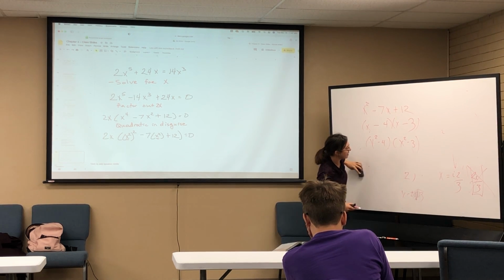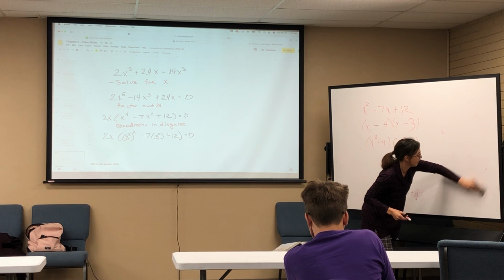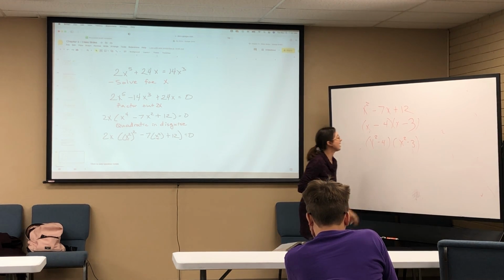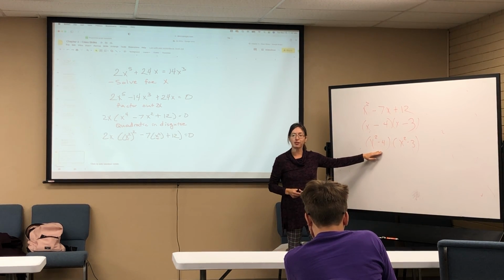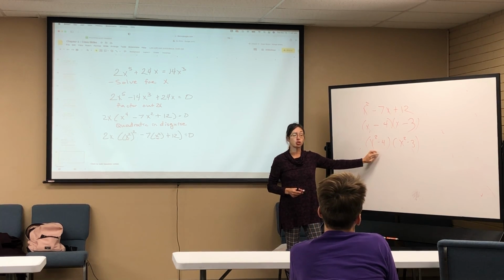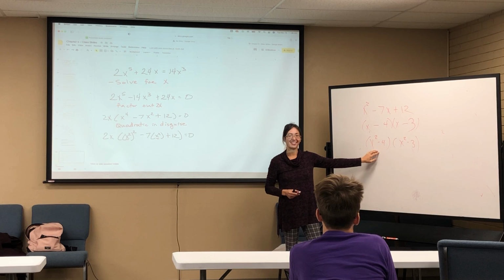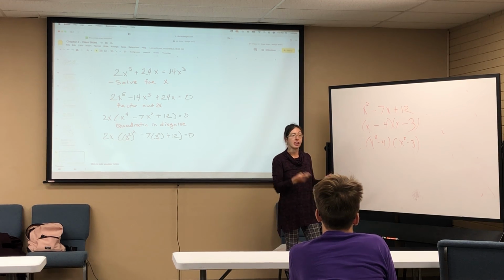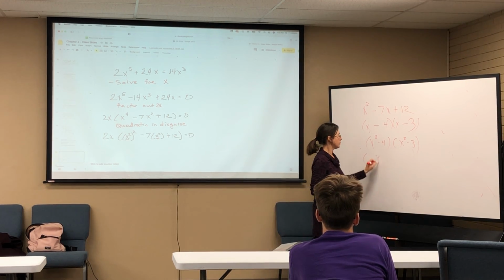Okay. So what does x equal here? Can I do anything else with x squared minus 4? There's two ways to solve this one. It's a difference of squares, so I could go ahead and write it out like this, right?